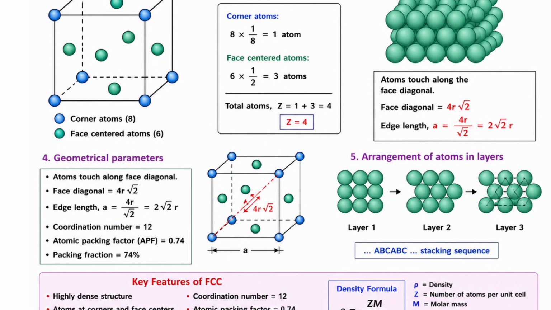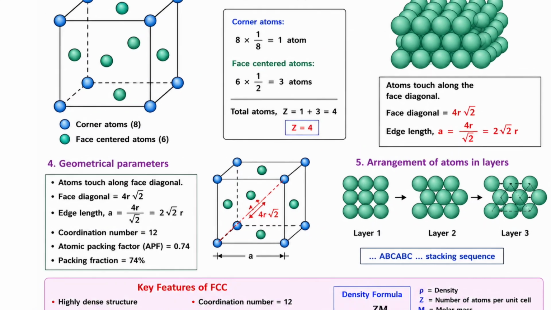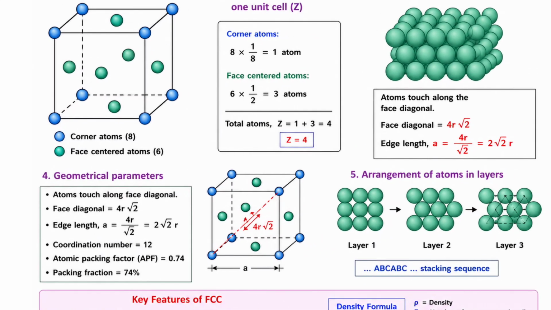Atoms touch along the face diagonal. Face diagonal is 4R, and edge length a equal to 2 root 2 R. The coordination number is 12, the atomic packing factor is 0.74, and the packing fraction is 74%.